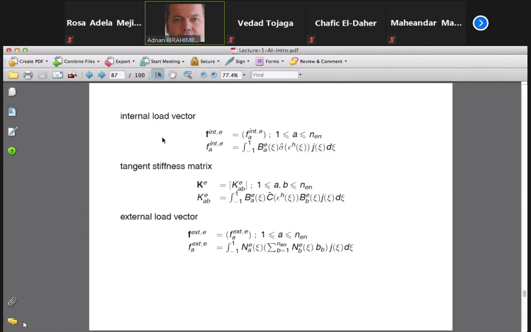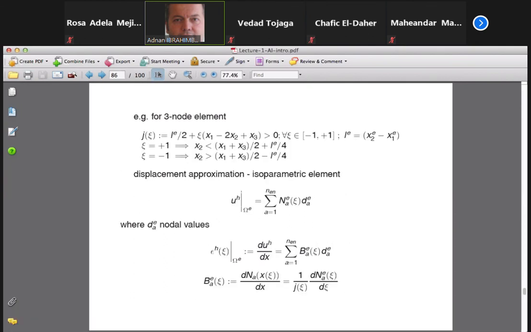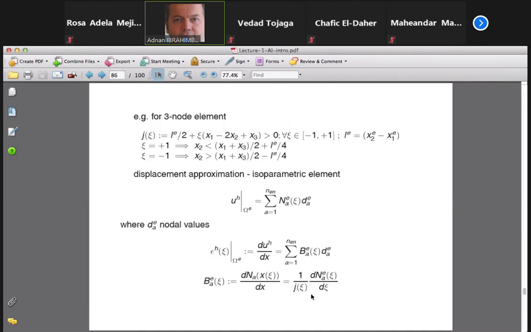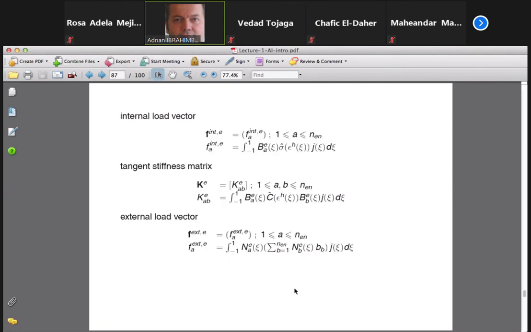That is the stiffness matrix, internal force vector, external force vector, and all this kind of stuff. And you realize that, for example, matrix B is quite nasty because you have to divide by the Jacobian, and here obviously you found that the Jacobian could be a linear function of psi. So now all of a sudden you don't have polynomials anymore, but you have rational functions. And so that becomes quite tricky to compute these things.